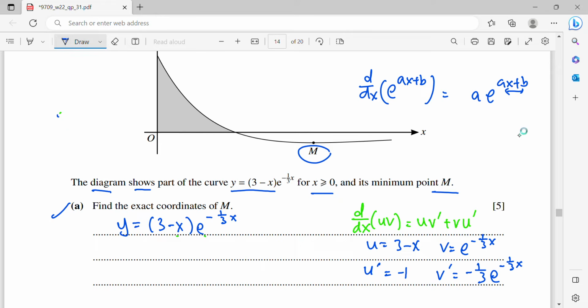Okay, so now dy/dx is u dv/dx, so 3 minus x times -1/3 times the exponential function, plus vu prime, exponential times -1.